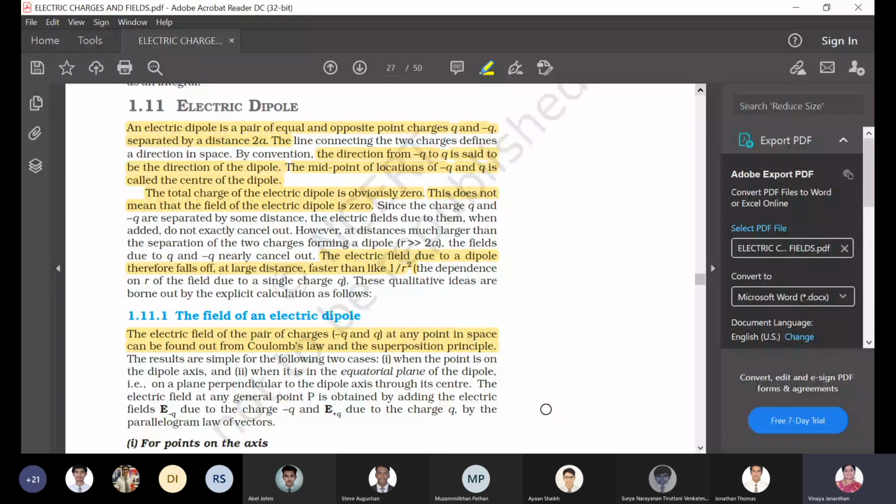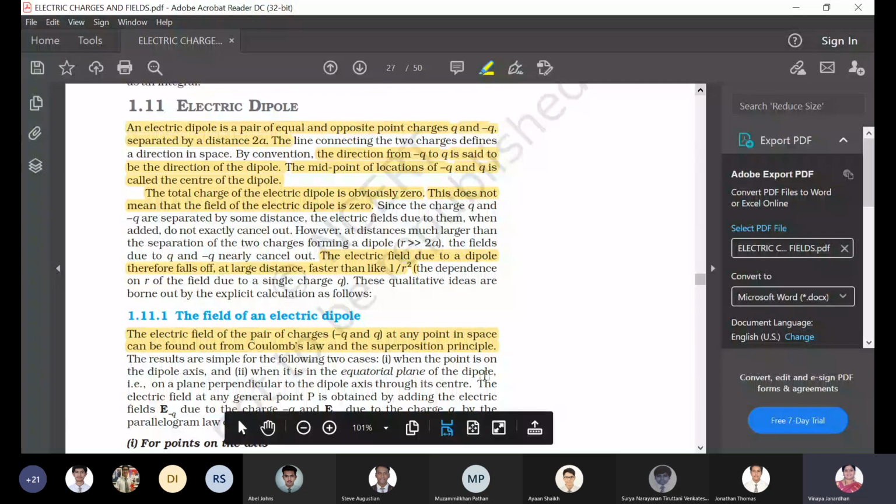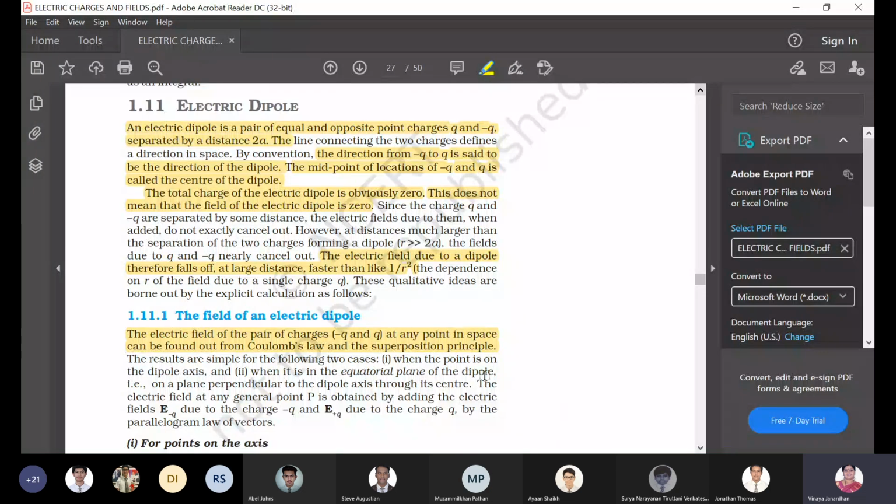There are two cases. Suppose a dipole produces an electric field and you want to find its strength at a given point. Now, the point can be one along the dipole axis. Look at this in the two cases.